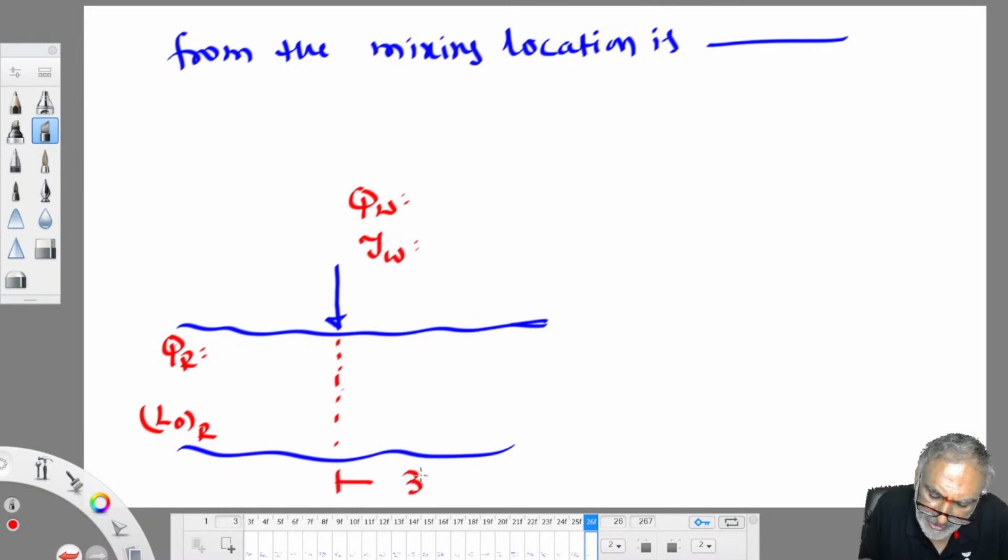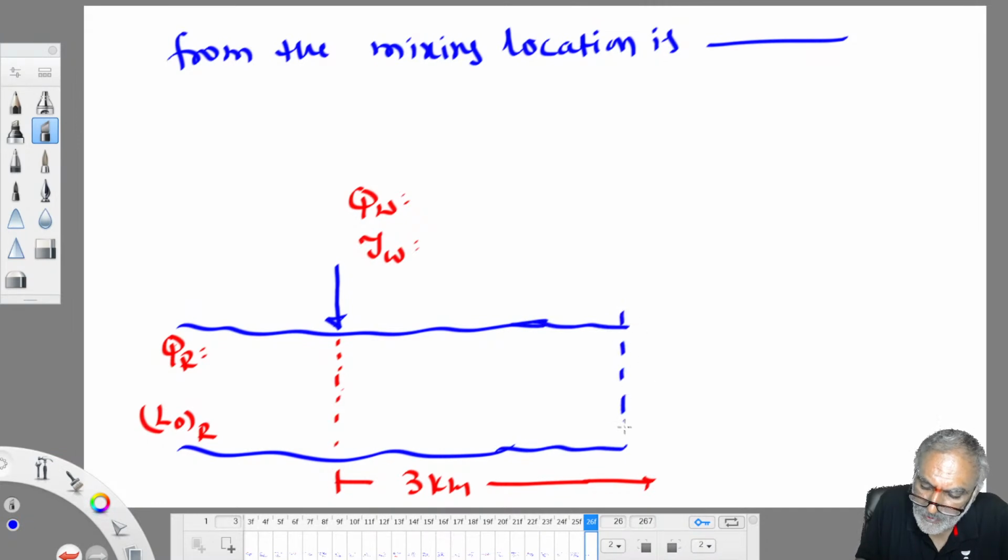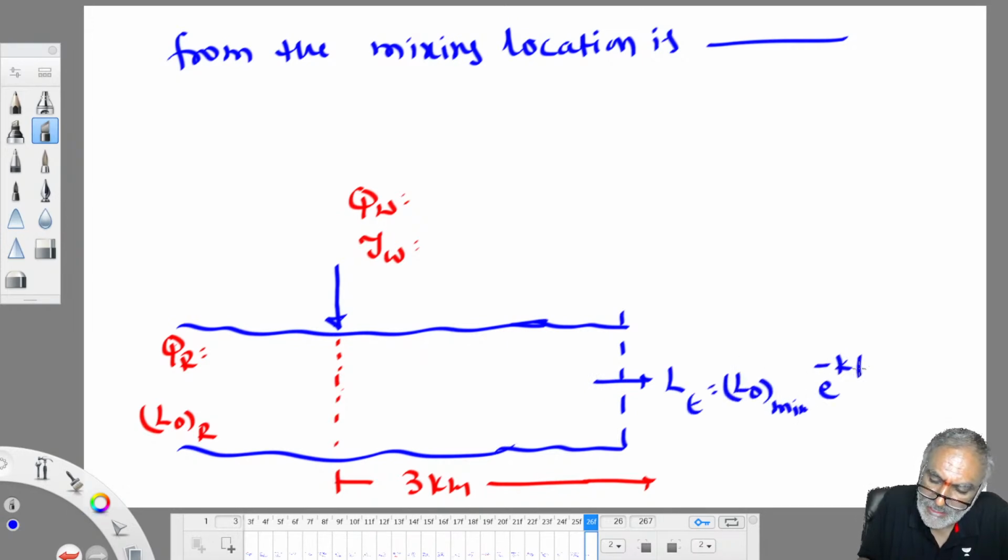He is asking at 3 kilometers downstream. At 3 kilometers downstream, what is BOD remained? So BOD remained at any time is equal to L naught mix into e power minus KT. So I will convert YW into L naught W. Then I will work out this problem comfortably.